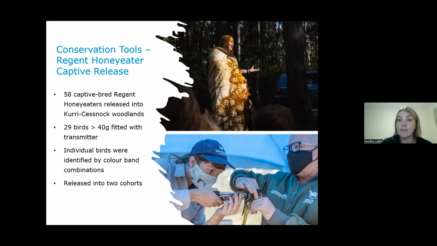And indeed, 4 months later, we had really high survivability, and a lot of these birds were breeding and roosting with wild Regent Honeyeaters. So we had what appeared to be really great integration into the natural system.